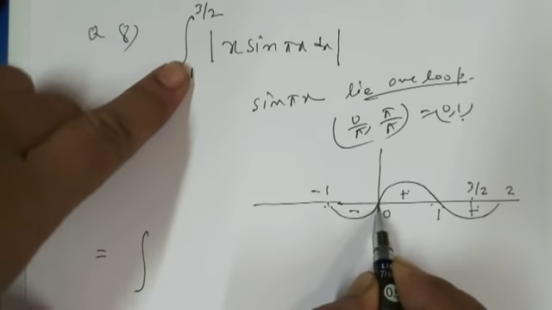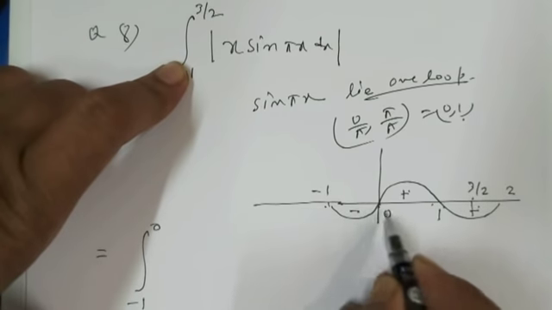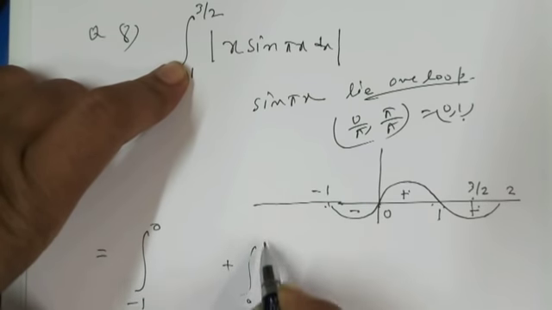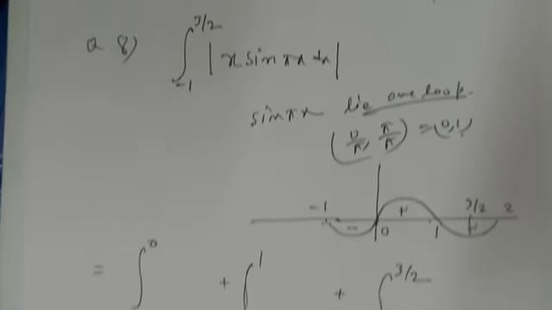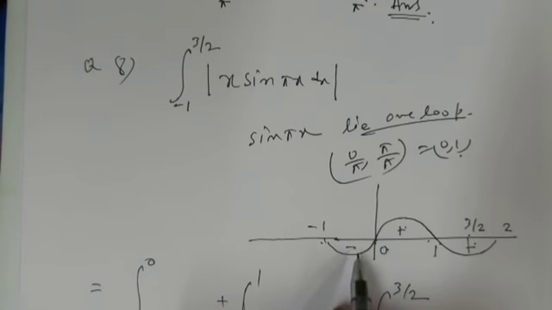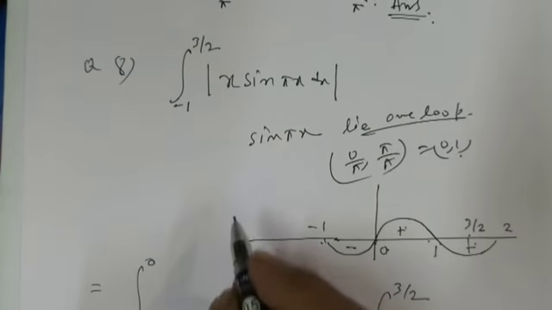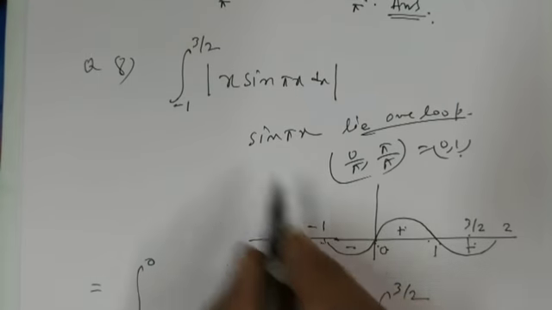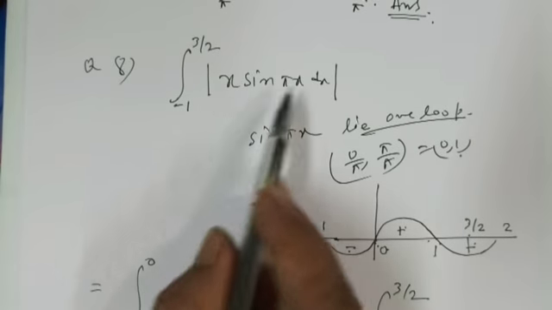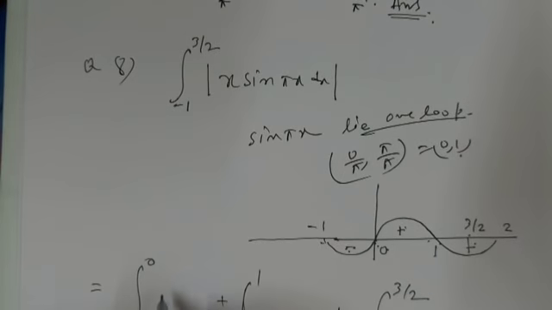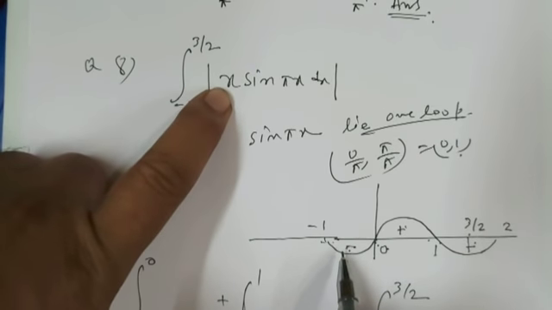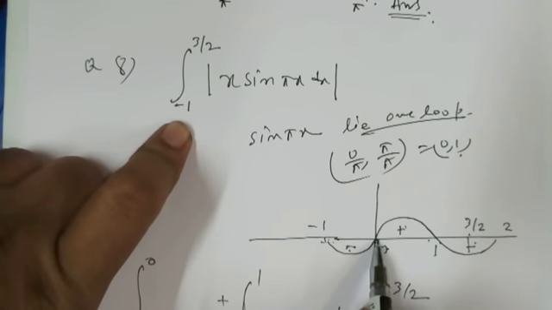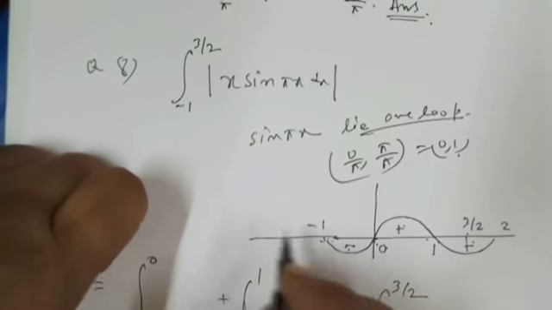So this integration will be split into 3 integrals, with limits -1 to 0, 0 to 1, plus 1 to 3/2. In the -1 to 0 interval, sin pi x is negative and x is also negative, so x sin pi x is positive.